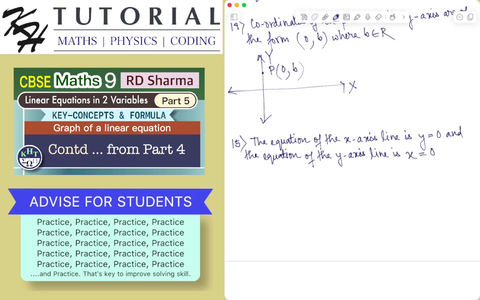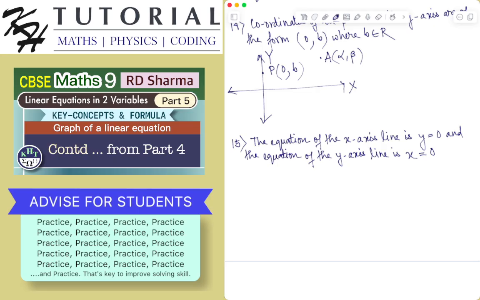Now if you have any point on the Cartesian plane, let's say A is any point on the Cartesian plane whose coordinates are alpha, beta. Beta is known as the ordinate of the point A, alpha is known as the abscissa of the point A. Abscissa is also sometimes called the x coordinate, and beta is also called the y coordinate. So y coordinate and ordinate are the same, x coordinate and abscissa are the same.